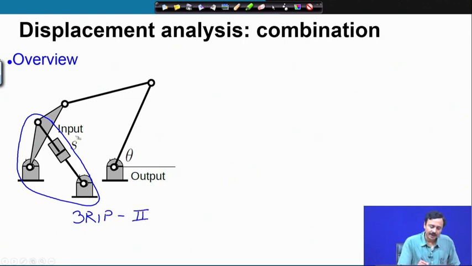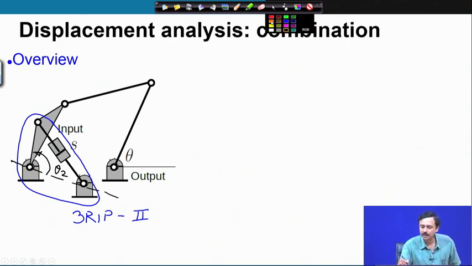Given the input, I can find out this angle which I was calling theta 2. Once I know this theta 2, I can go over to this 4R chain.